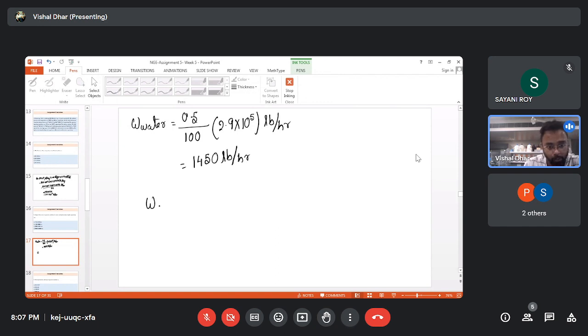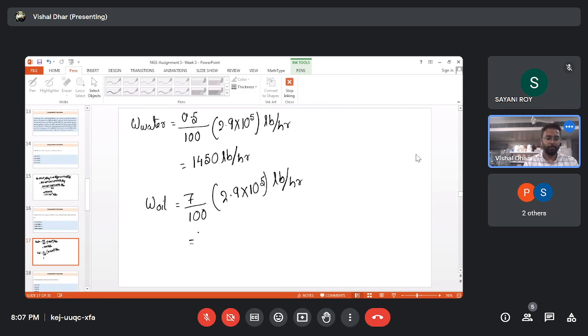Next, for oil, equal to 7 by 100 into flow rate is 2.9. This we have already found out in the previous question, the mass flow rate. So we'll be using it here.